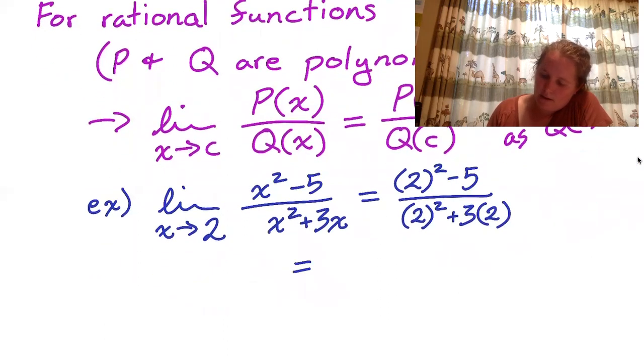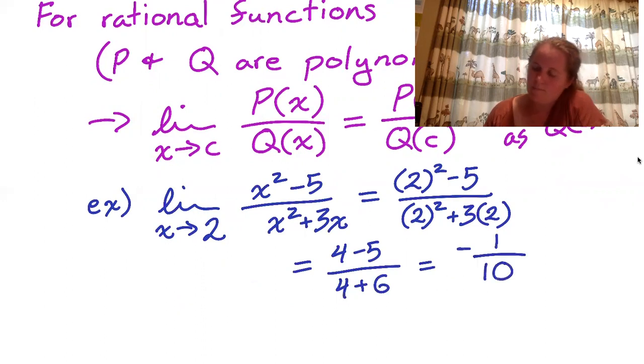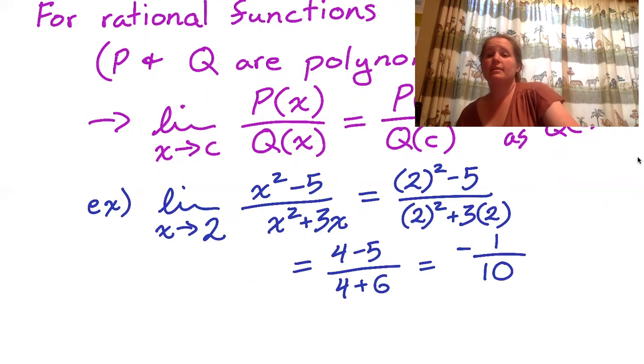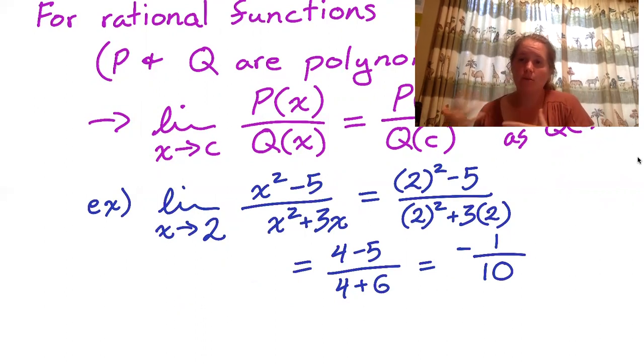And we get 4 minus 5, or negative 1, over 4 plus 6, or 10. Sorry, I said 11. So we have negative 1 over 10. So this makes our life a whole lot easier. We don't have to keep running through all of those different properties over and over again. We can just go ahead and evaluate the function at those specific points.